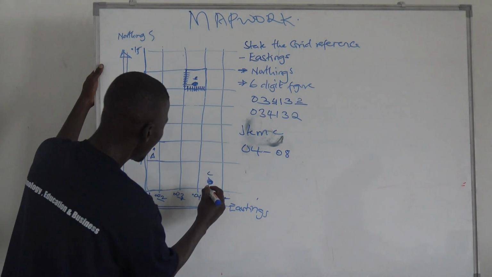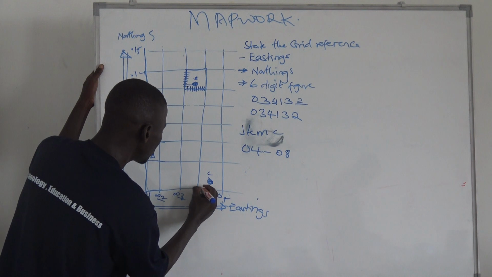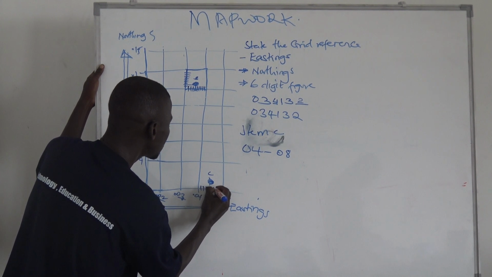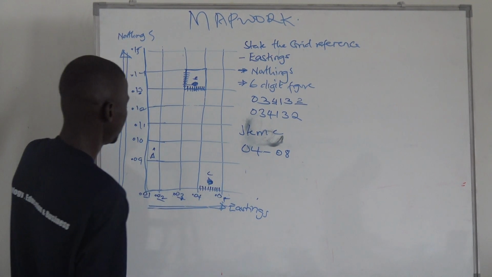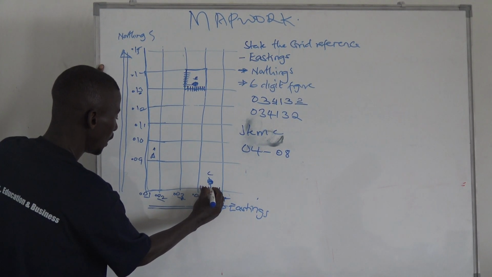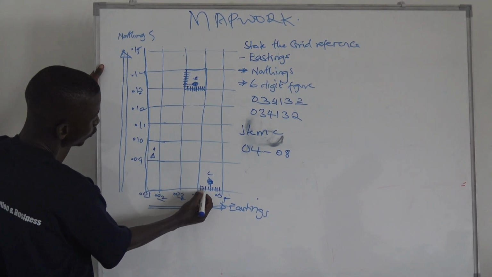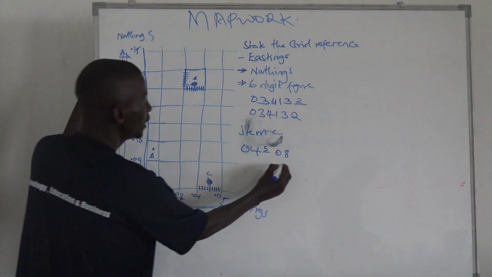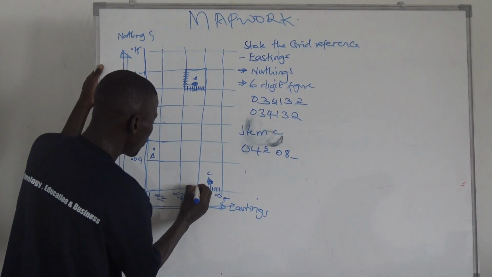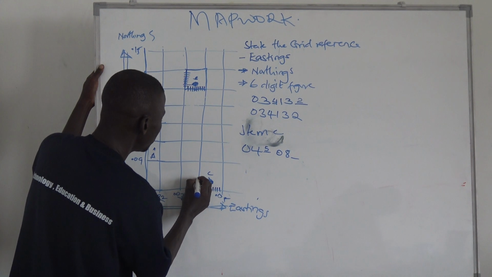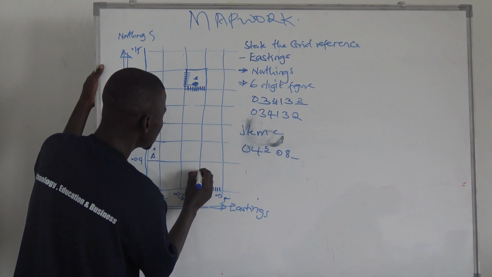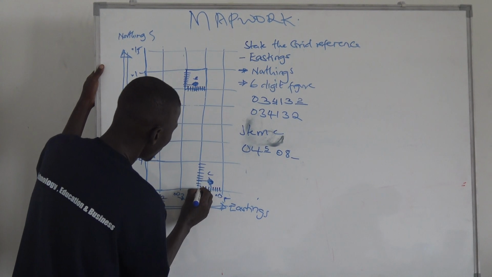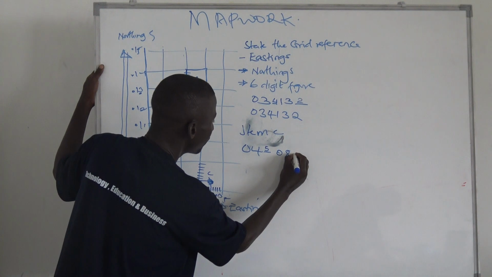So similarly, I divide into 9 equal portions: 1, 2, 3, 4, 5, 6, 7, 8, 9. I count across to the feature: 1, 2, 3, 4, 5. Then I record it here. Then on the other side, I also count upwards: 1, 2, 3, 4, 5, 6, 7, 8, 9. Up to where the feature is, I say 1, 2, 3. So I write like this.